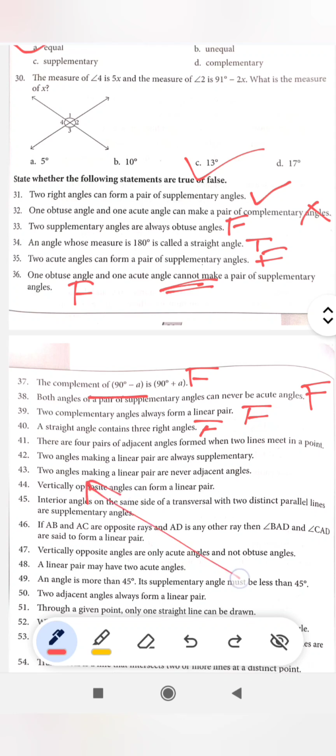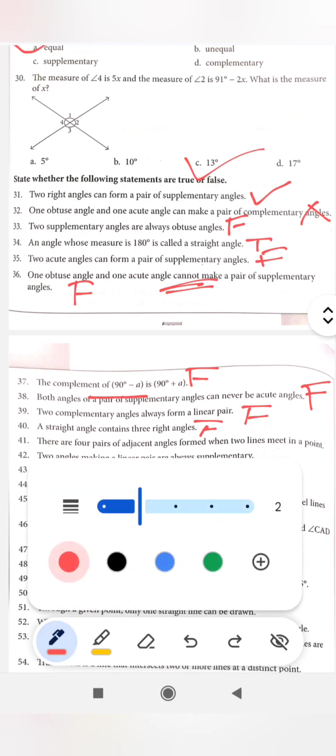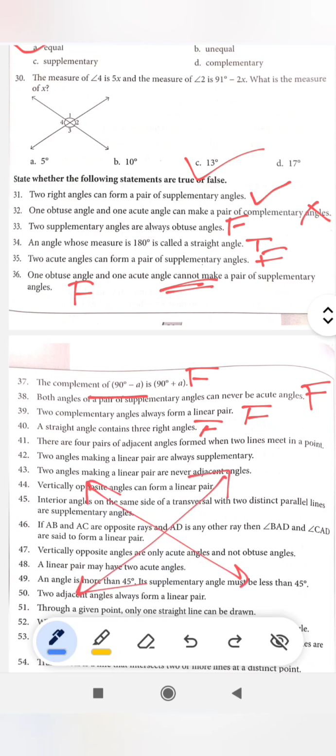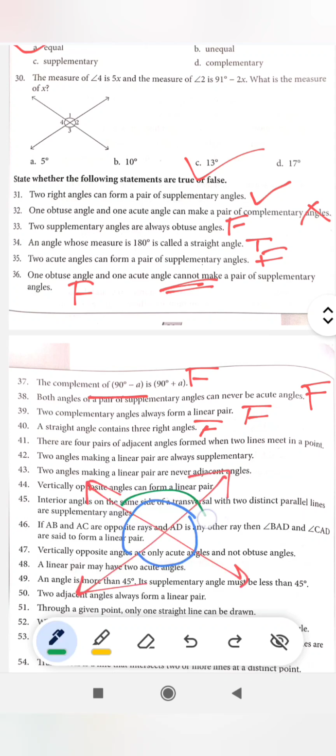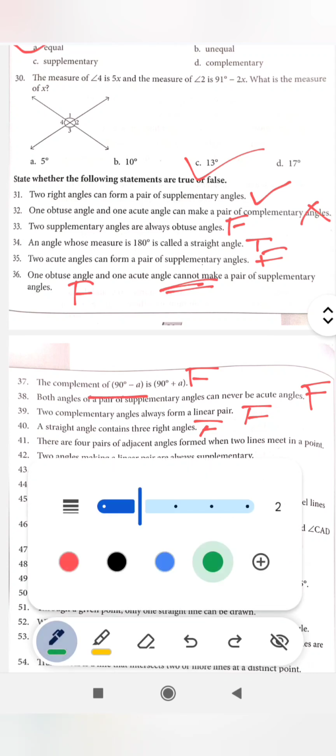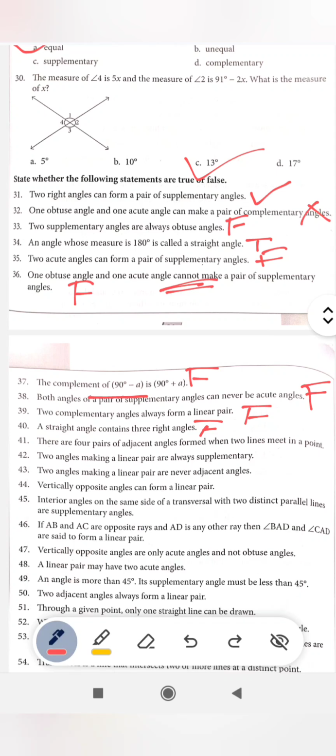If the two lines meet at a point, they form four pairs of adjacent angles. This is the first pair, this is the second pair. Now take another color. This is the third pair, this is the fourth pair. Yes, that is correct. Four pairs of adjacent angles we could see. So here it is true.